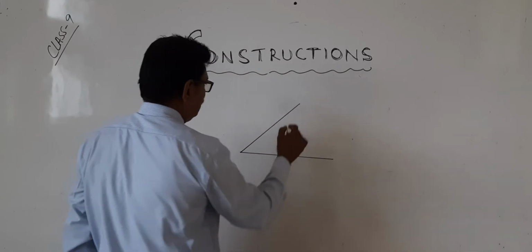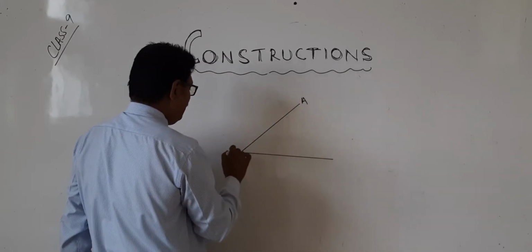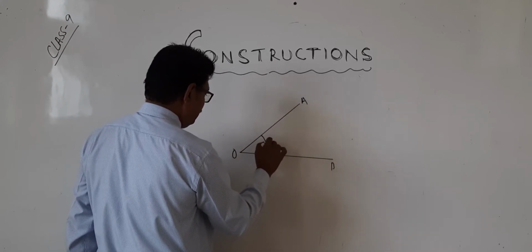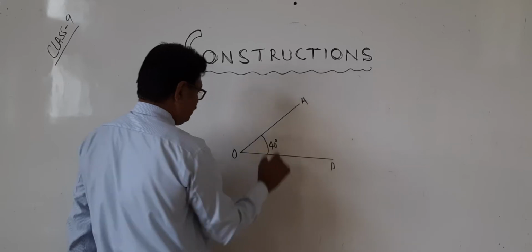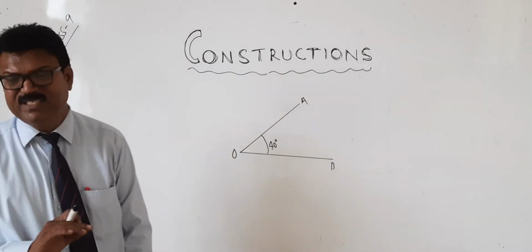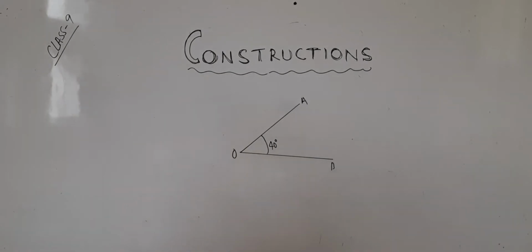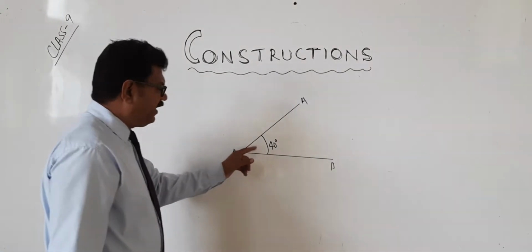For example, AOB is 40 degrees. How much is it? 40 degrees. Now, how to construct the angular bisector?